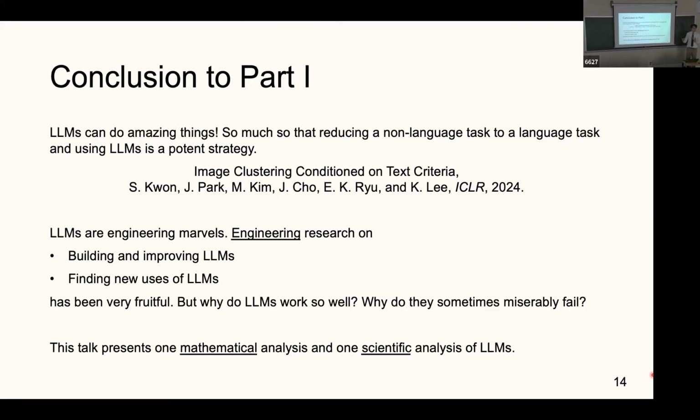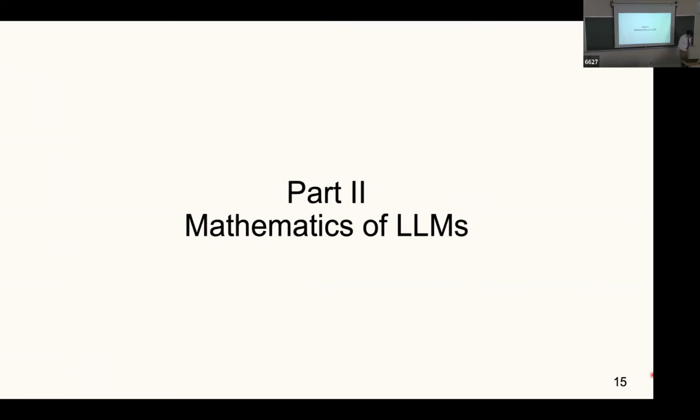It's hard to sort of square this. So it would be good if we can have a more fundamental, more principled understanding, or even a more principled methodology for trying to get to a more principled understanding. So in this talk, I'll present one mathematical analysis and one scientific analysis of large language models.